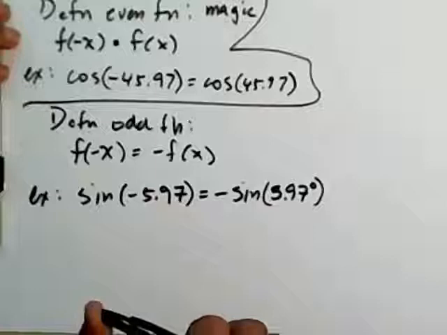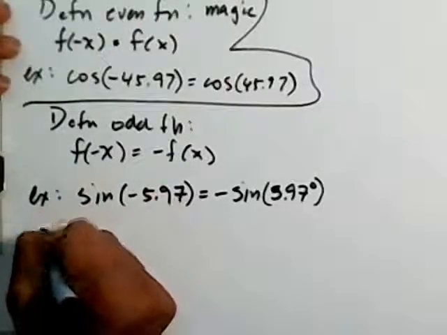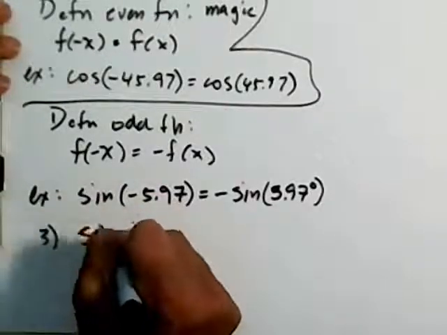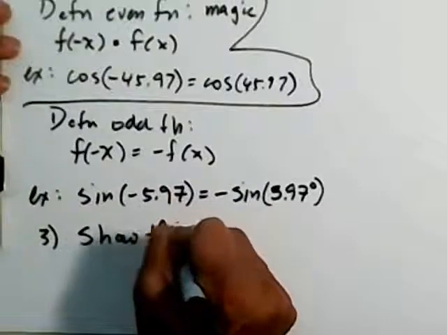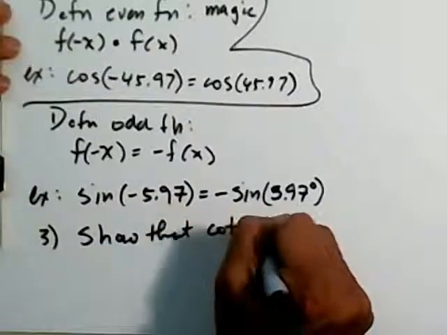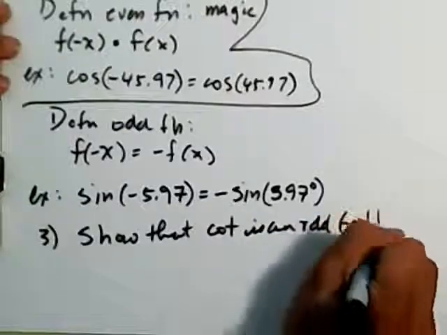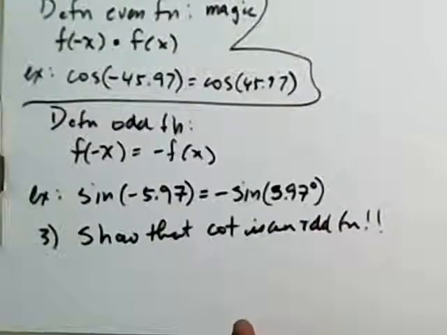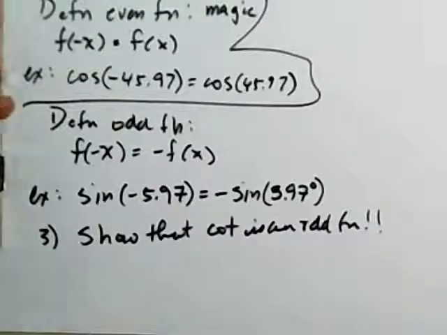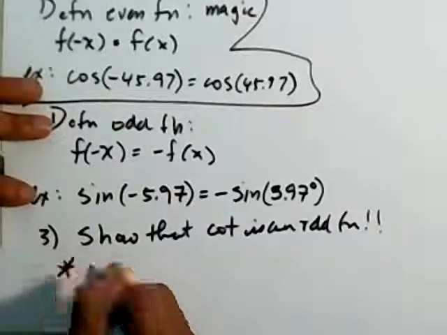So number 31 says the following: show that the cotangent is an odd function. So the first part, that means prove. The first part is the most important part right here.